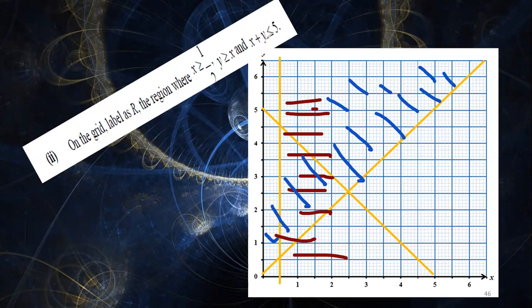And x plus y is less than or equal to 5 will be underneath this line, which is x plus y is equal to 5. So what you have to do is look at the graph and see where the purple, brown, and blue strokes all intersect. And that can only be at this point here.